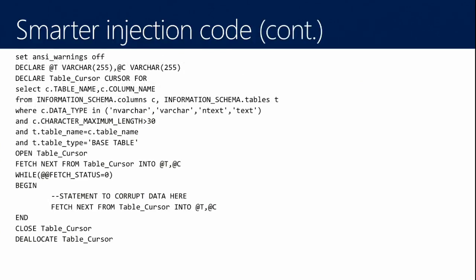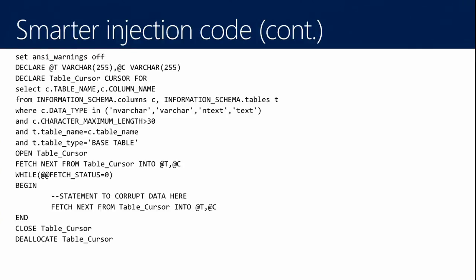But it would translate to something similar to this, which would look at getting all the variable length text columns from a database and a table, and then go and update the data.